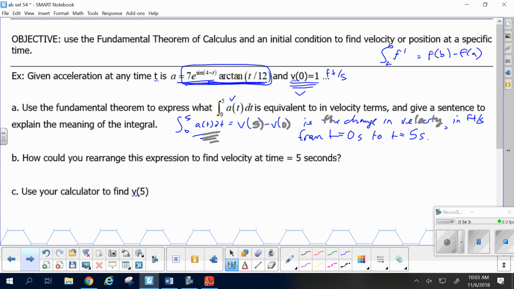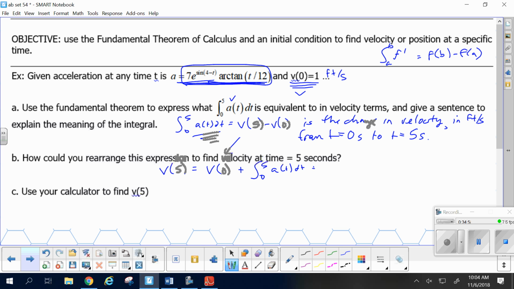So V at 5, if I take this and rearrange it, couldn't I move V initial over and say the velocity at 5 is the initial plus the integral? Now that actually makes a good deal of sense, because that's the initial velocity plus the change. Didn't we just say that that integral represents the change? So if we take the initial plus the change, that should give us the velocity later, right?